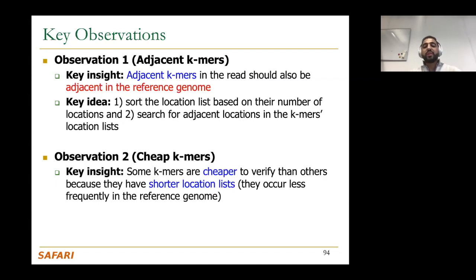You can observe the same thing in plants, for example, where you have much longer DNA. So the idea here is to verify only the locations that occur less than a certain threshold. If a seed appears like 50 times, it might provide more insight than a seed occurring 100,000 times. Why is that?